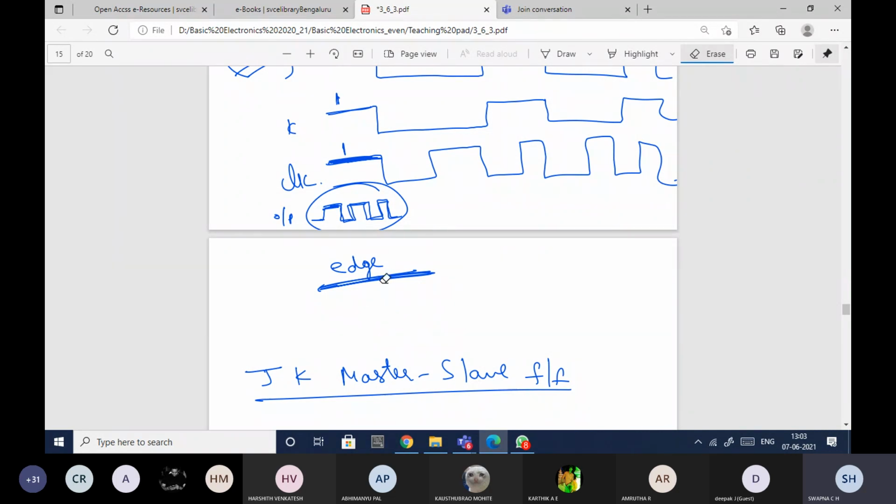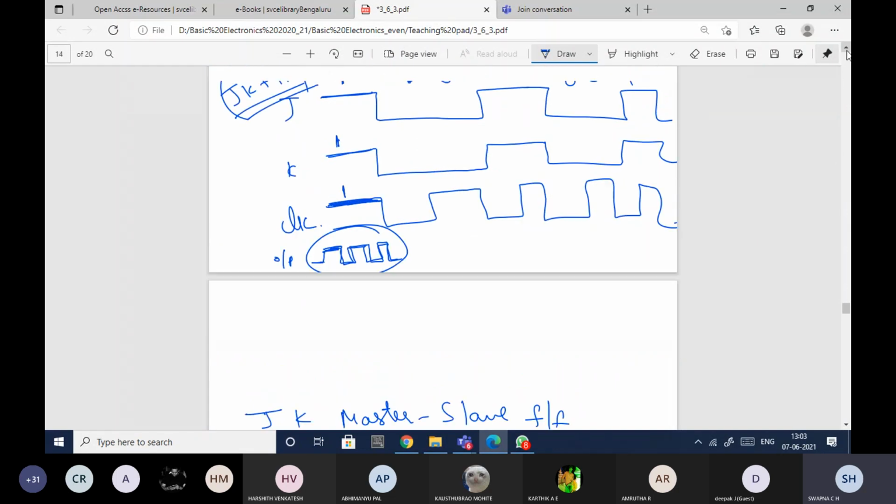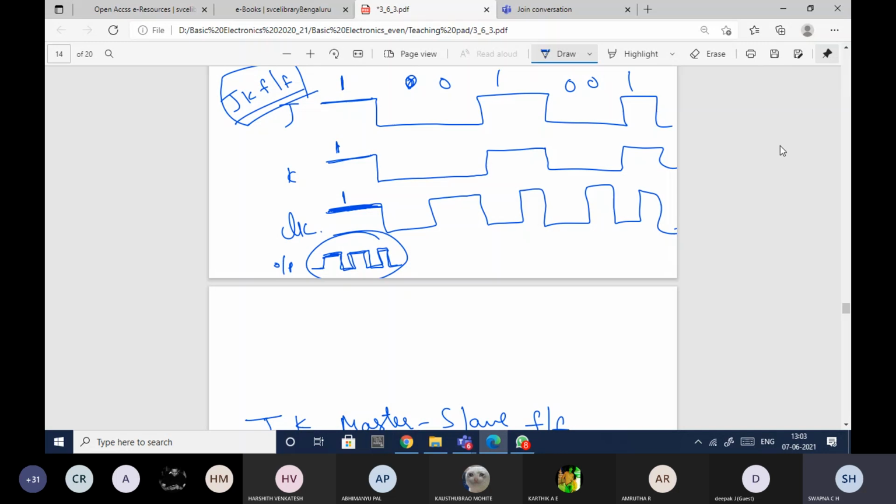Have you all understood the disadvantage here? Yes, ma'am. See, when J value is equal to 1, K value is equal to 1 and clock is equal to 1, if the present state is equal to 0, within the clock, because J and K values are 1, 1, the output is toggling between 0 and 1.